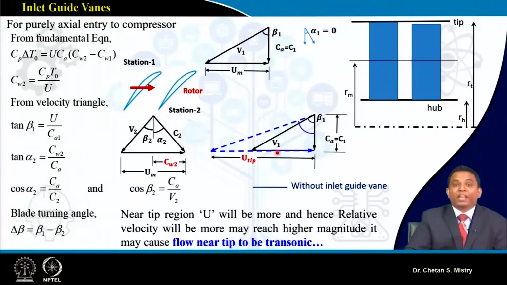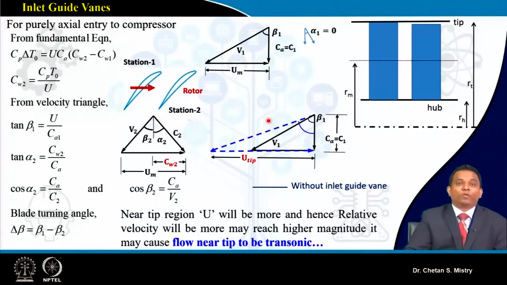Now what we learn, with increase of our radius, what is happening? We have an increase of peripheral speed. If I consider my axial velocity to be constant, then we will realize this angle beta is going to increase. Not only the increase in beta, we will have the increase in our relative velocity.